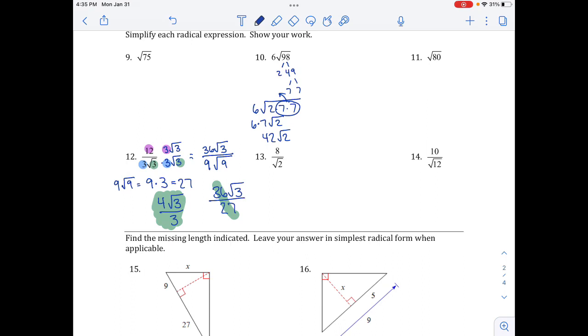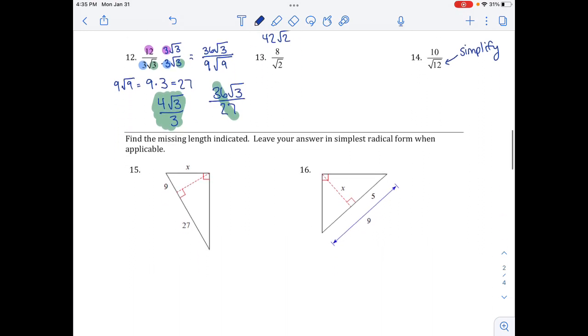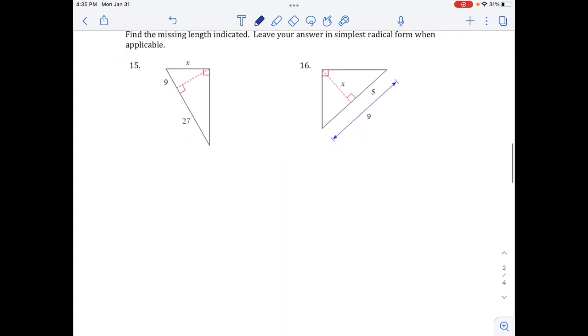And one thing on 14, 13 is easy. 14, 12 is actually reducible, or simplifiable, so make sure to simplify this. I don't care if you do it before or after you rationalize, just 12 you can simplify. Now 15 and 16, these are like what we did in the notes.